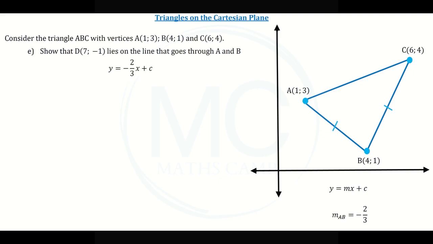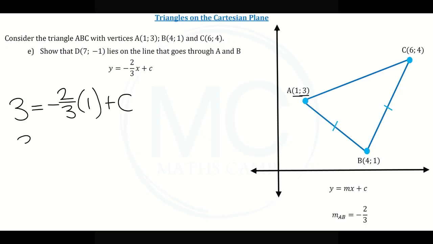Now we have our m value, but we still need to find c. To find c, we substitute the coordinates of a point that we know lies on the line into the x and y values of the equation. Let's use point A. We can say the y coordinate of point A, which is 3, is equal to negative 2 over 3 multiplied by the x coordinate 1, plus c.